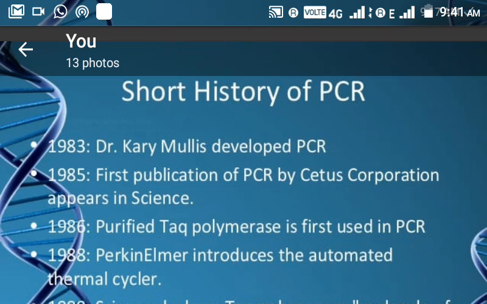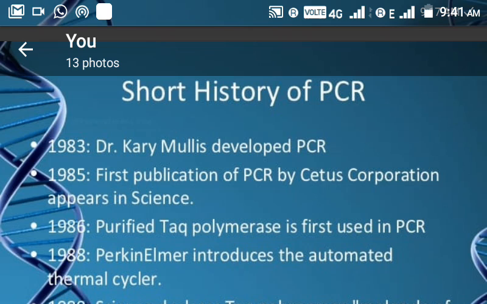In 1985 there was the first publication of PCR, which appeared in the Science journal. In 1986 there was the purification of Taq polymerase for the first time for PCR. Students, this Taq polymerase is one of the most important and crucial advancements in the field of PCR.